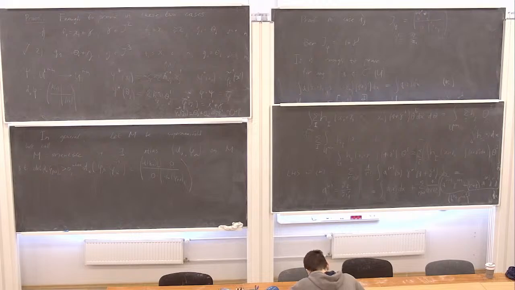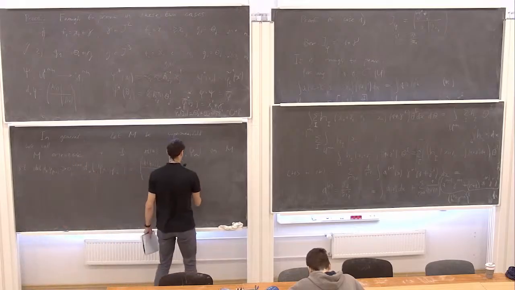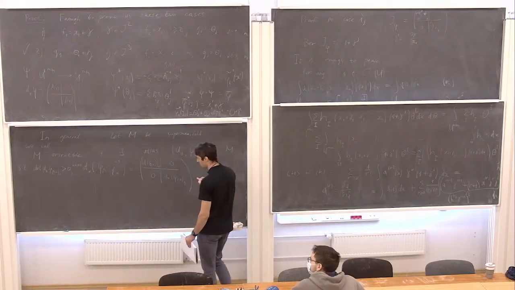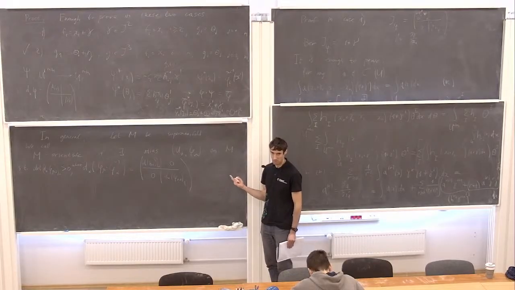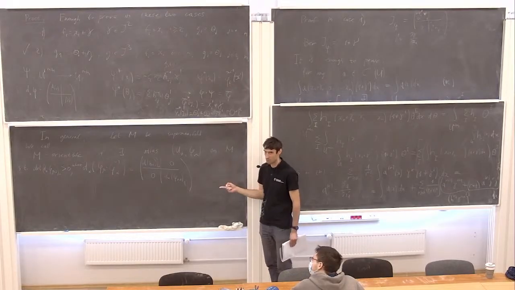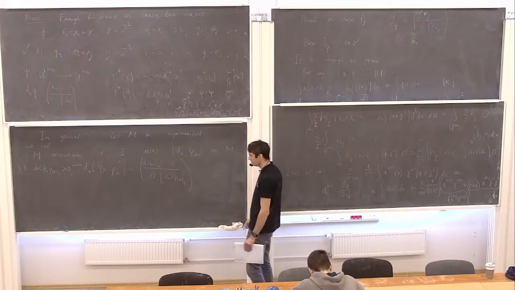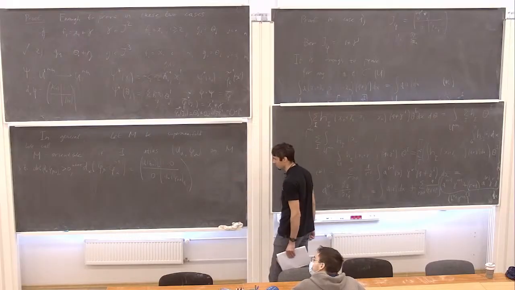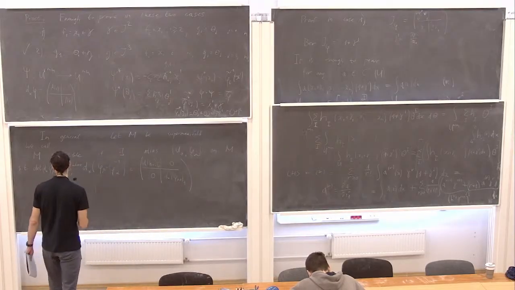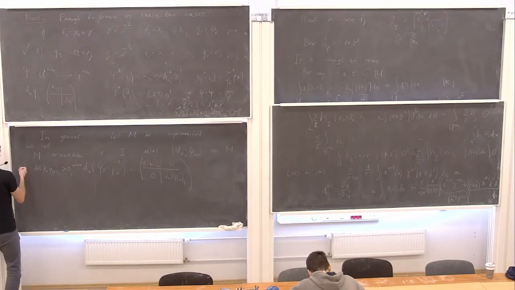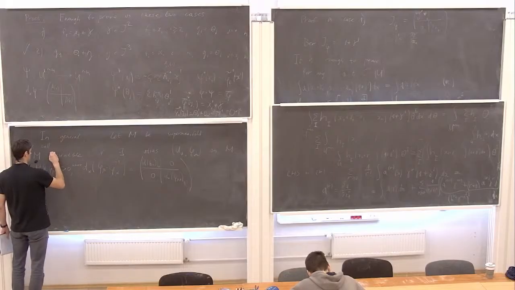Anyways, we say that M is orientable. If it's orientable, it has a usual differential manifold structure. Sometimes this is called 1-0 orientable.